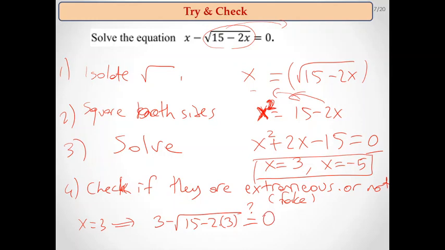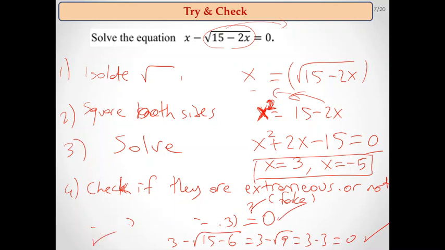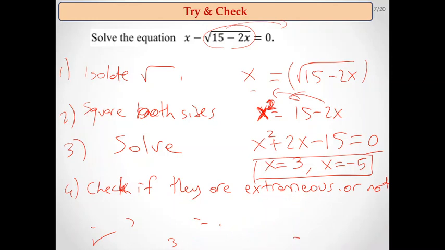This is 3 minus square root of 15 minus 6, which is 3 minus square root of 9, which is 3 minus 3. Yes, we got 0, so it's okay. And 3 is a real solution. So x equal to 3 is a solution.